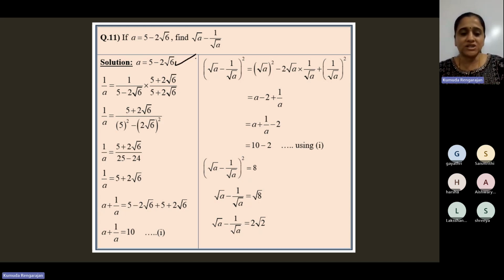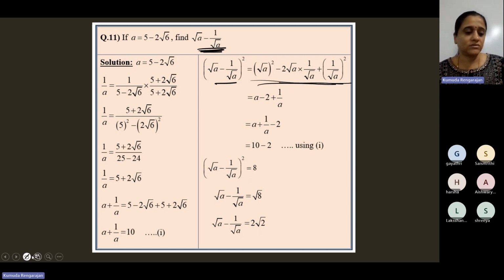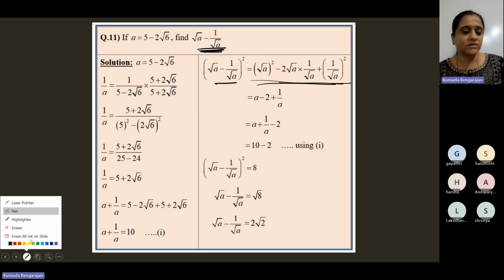A's denominator was rational. 1 by a's denominator was irrational, so we rationalized it. Then we found a plus 1 by a. Till here we are clear. Further, we have to find the value of this expression, write that and square it. This is what you get on expanding. We did it together.